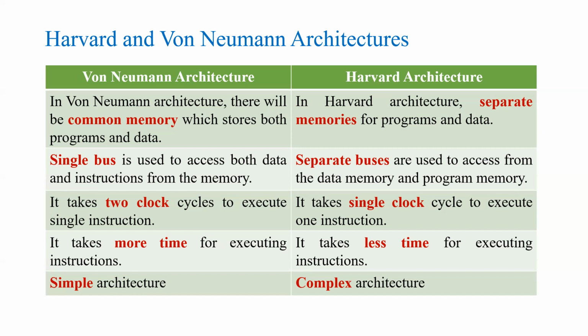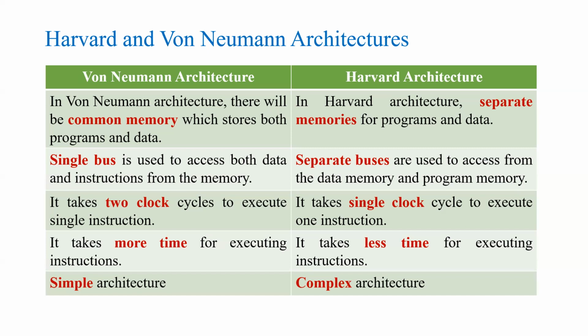But coming to the Harvard case, it is completely the reverse. In a single clock cycle itself, I'll access both instructions and data from two separate memories by using two separate buses. So I can execute an instruction in a single clock cycle. That is what it means. Then coming to the fourth one, von Neumann architecture takes more time for execution of an instruction, obviously, because it takes two clock cycles, as I mentioned in the previous point, and the data and instruction are not accessed simultaneously because we have only a single bus and a common memory.